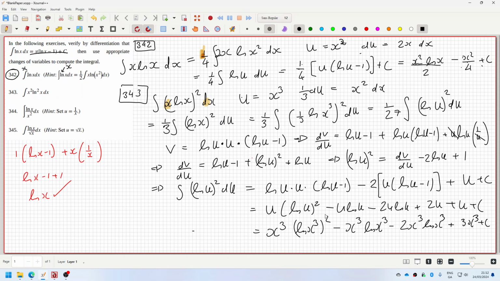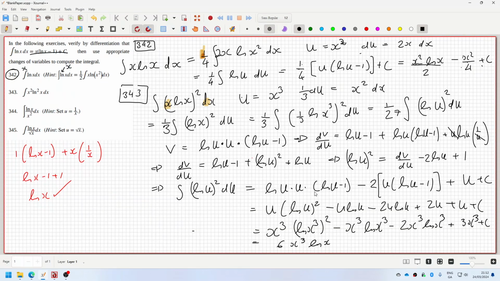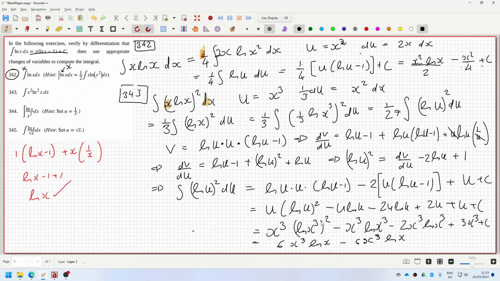That 3 comes down to make a 9 and 3, so I could have said 6x cubed log x, and then minus 6x cubed log x, oh, I forgot the square on that.